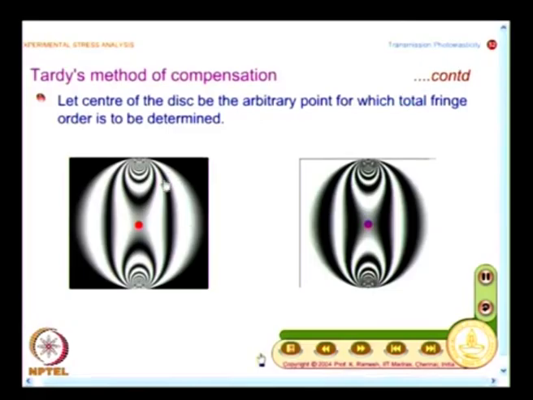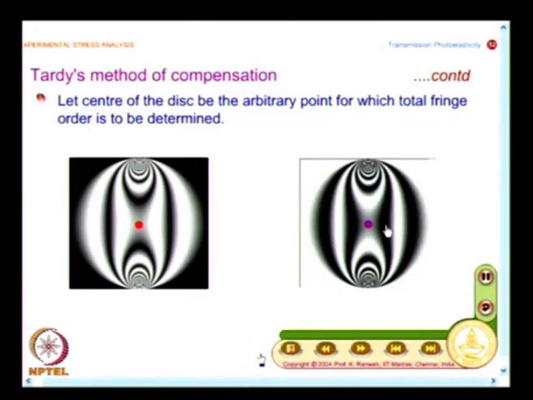And what we are going to look at? We are going to look at the center of the disc, and I have taken the loading in such a manner that neither a full fringe nor a half fringe passes through it. Here it is 0, 1 and 2, the fringe order lies between 1 and 2, and the half fringe orders are 0.5, 1.5, 2.5, that is the way the fringes increase.